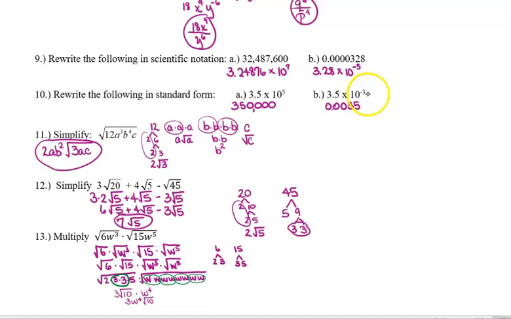If it's a negative exponent, my number is going to get smaller. So I'm going to take this decimal and I'm going to move it 3 in the opposite direction. So 1, 2, 3. And so if it was right here and I move it 1, 2, 3 places, I'm just going to put in 0 placeholders.